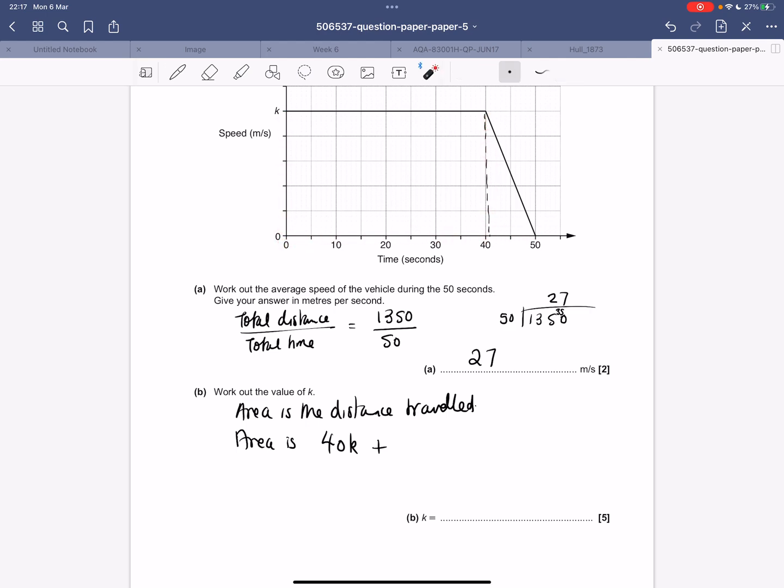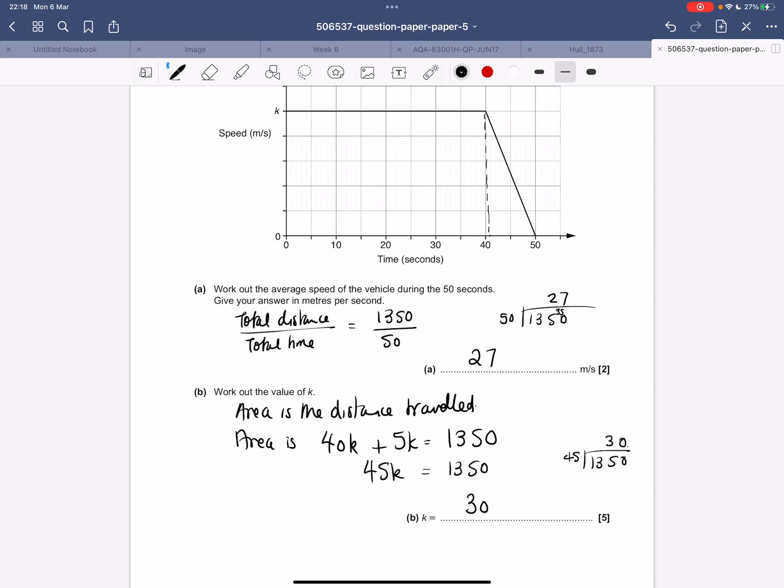This is a right angled triangle, so it's half base, which is 10, so half the base is 5, and height is k, so 5k. So 40k plus 5k is 1,350 metres. So 45k equals 1,350, so 45 into 1,350 is 30.